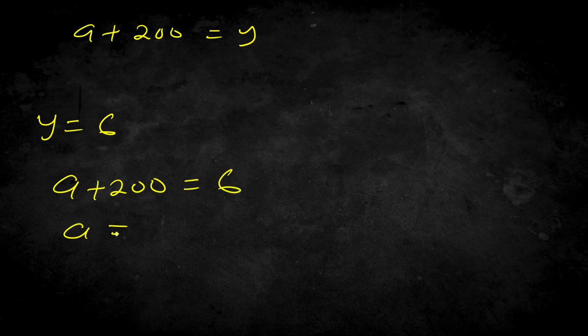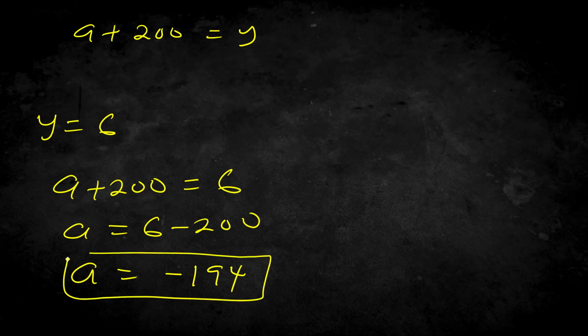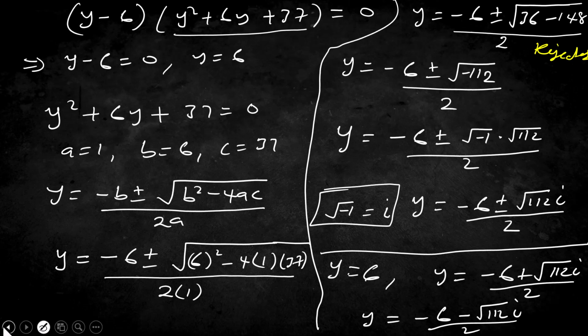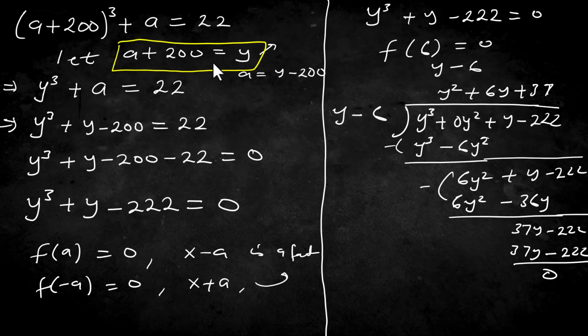Therefore a equals 6 minus 200, so a is minus 194. So y has given us 3 solutions where 2 have been rejected. The real answer is 6 minus 200, which is minus 194.